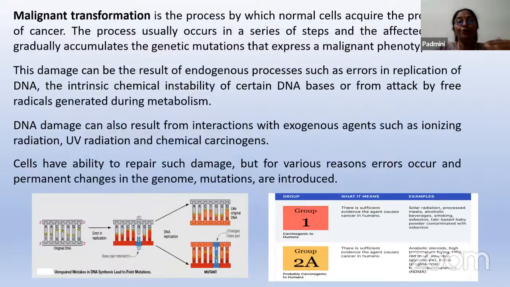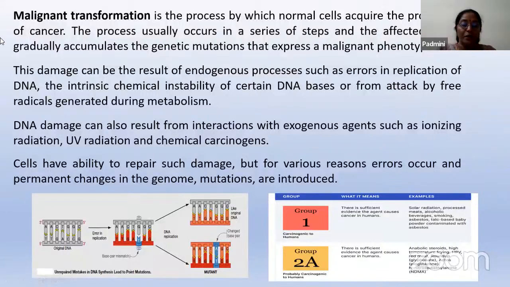We will talk about how normal cells transform themselves into malignancy, which is called malignant transformation. Here the normal cells acquire the properties of cancer through transformation, and this occurs by a series of steps, and the affected tissue gradually accumulates genetic mutations, as you can see in this picture.